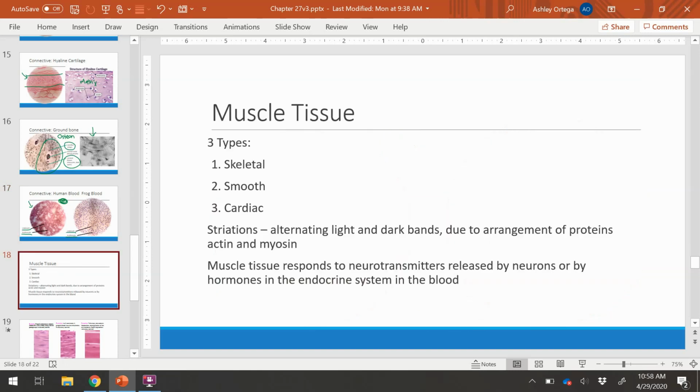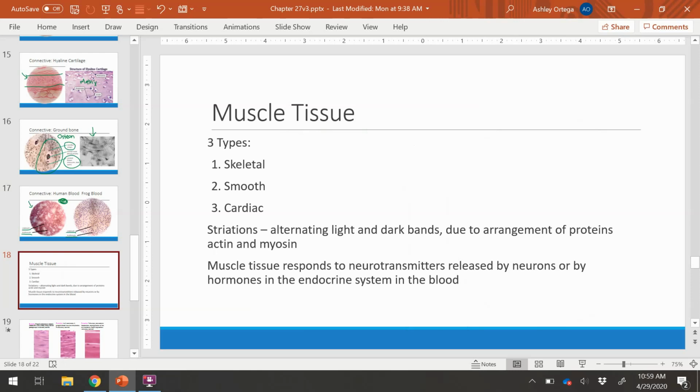All right. Now on to our third type, muscle tissue. Muscle tissue consists of three subtypes: skeletal, smooth, and cardiac muscle tissue. These are pretty much similar to what we saw in the lecture, and we'll look at them based on how they appear. Looking at striations is important.